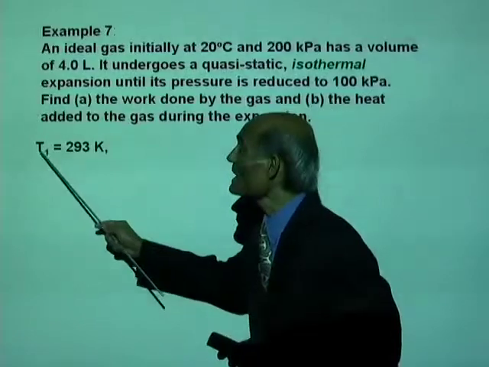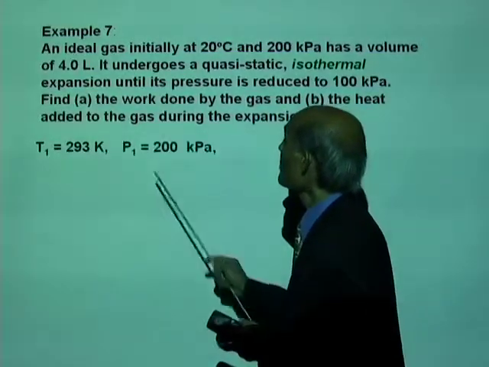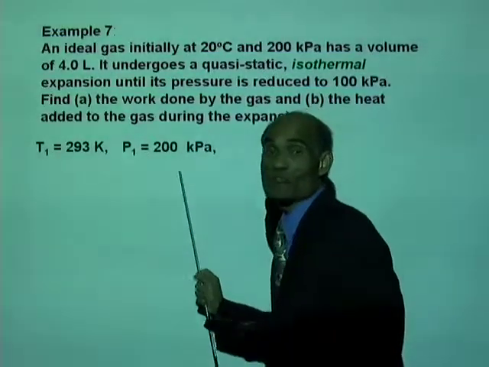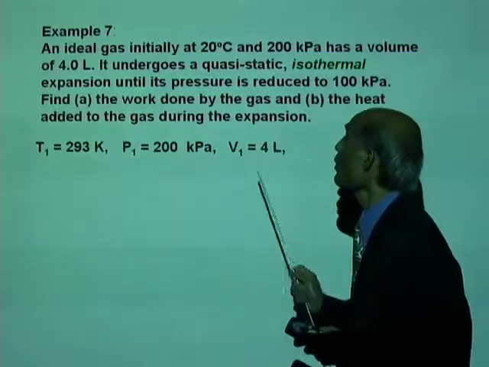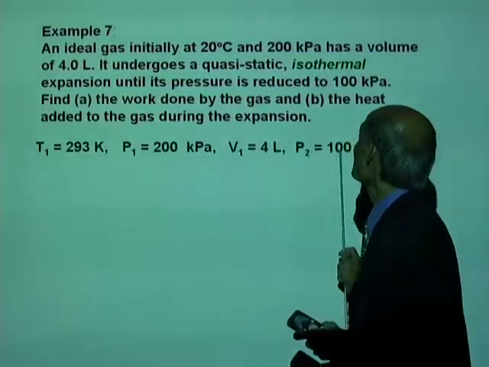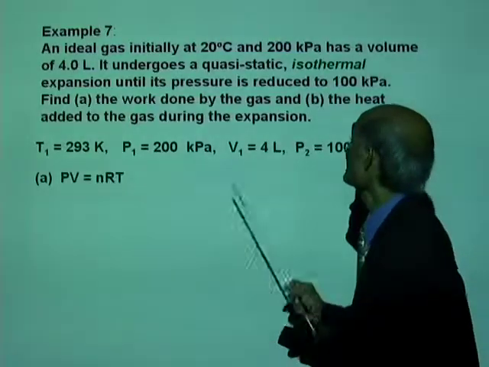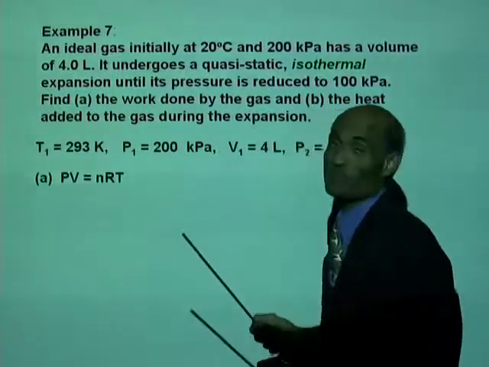Alright, let's pick the data. T1 is 293 Kelvin. P1 is 200 kilopascals, which is 200,000 Pascal. V1 is 4 liters. P2 is 100 kilopascals. And we need to find the work done by the gas.